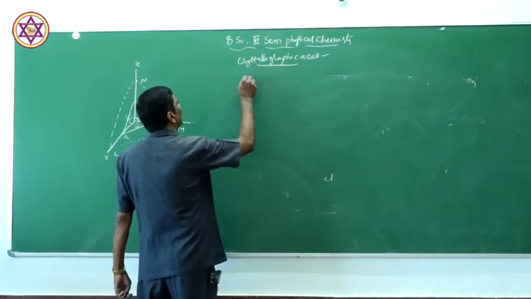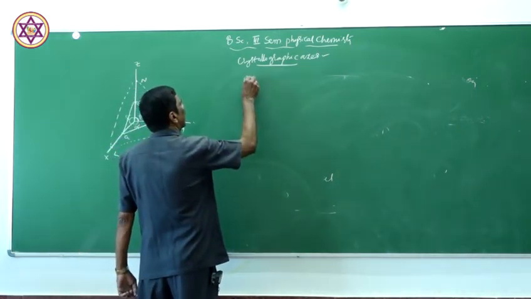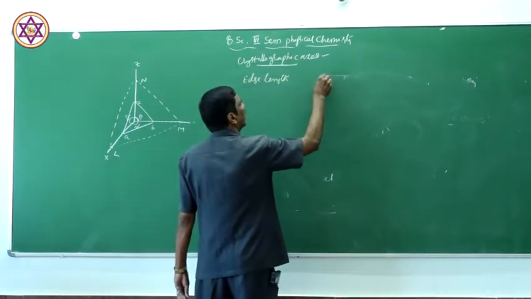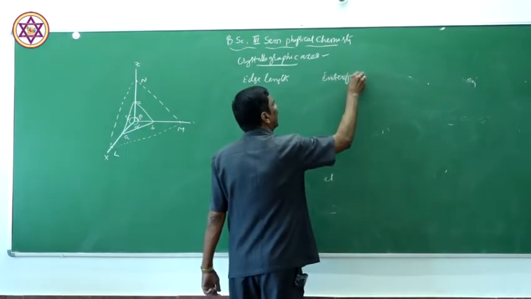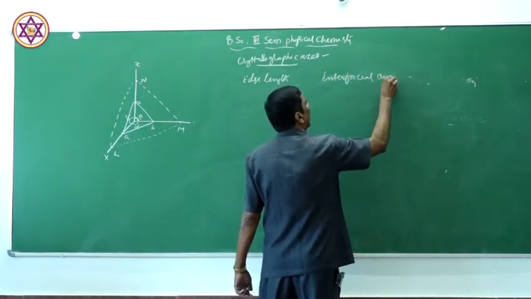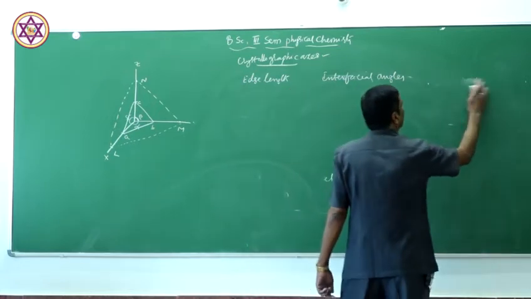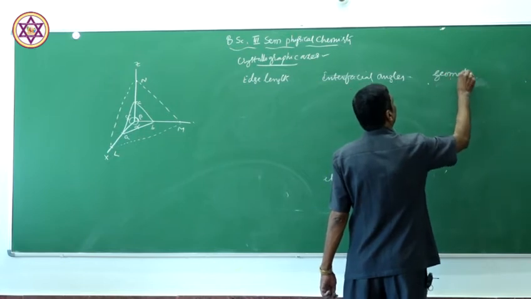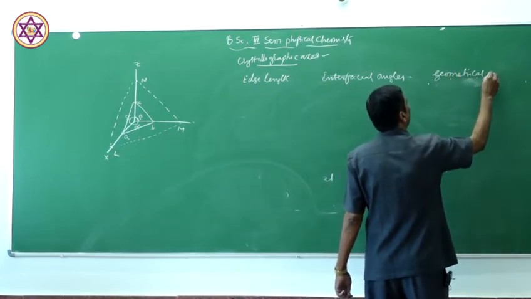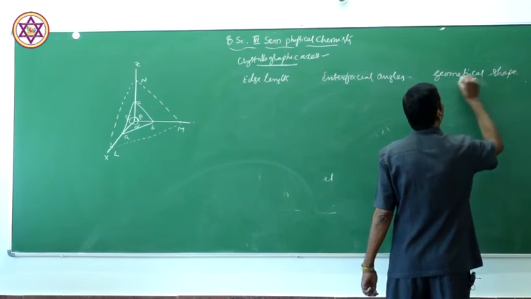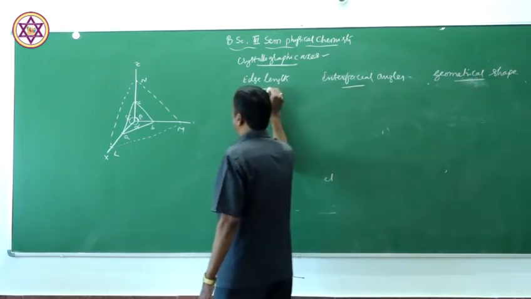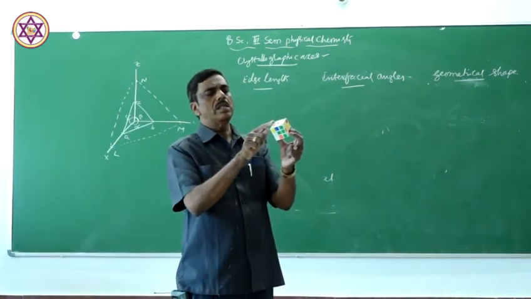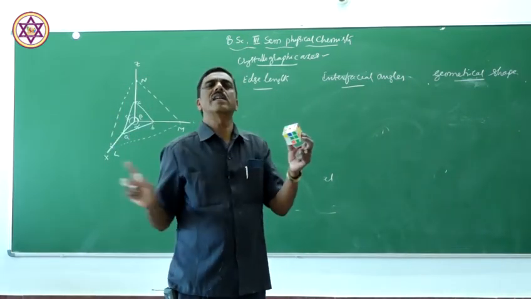So how are edge length, interfacial angles, and geometrical shape of a crystal related? Actually, in case of a cubic crystal, all the edge lengths are equal and the angles are equal.